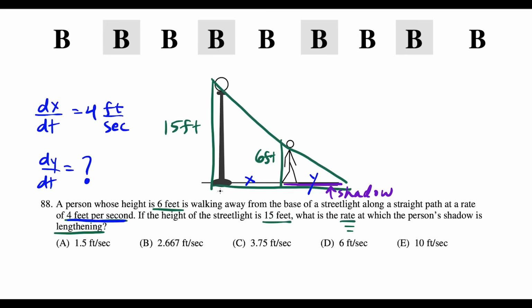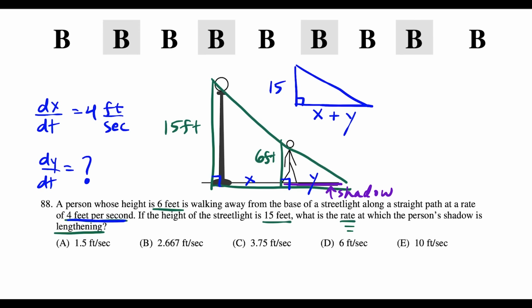So assuming this is built well and the person is walking upright, they're going to form 90-degree angles with the ground. So what we have is, this is a similar triangles question, and I'm going to draw the big triangle. The big triangle is 15 feet, well, it goes up 15, and then across, be careful, if it goes over x and then over y, that horizontal distance is going to be x plus y.